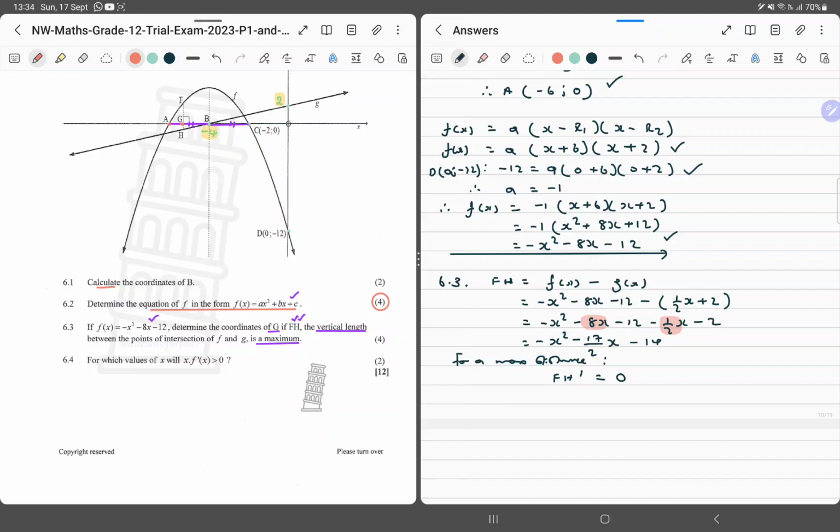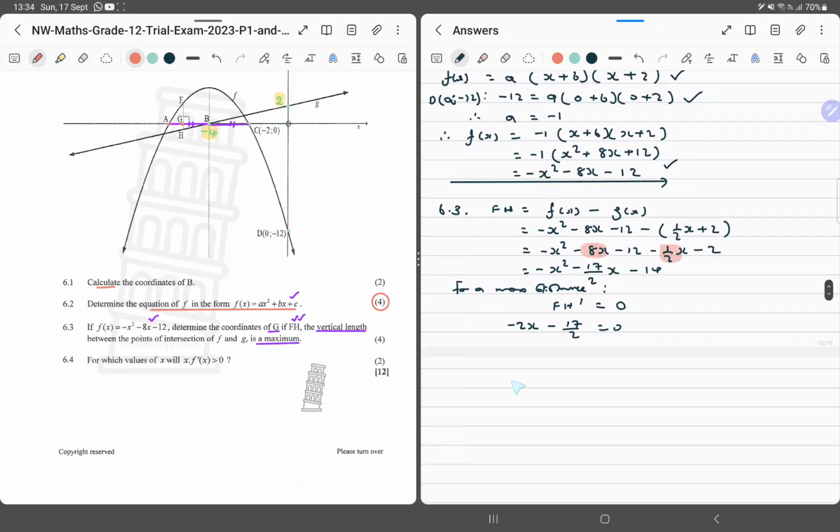Now when you do the derivative here, it's going to be minus 2x minus 17 over 2 is equal to 0, and this implies that we've got minus 2x equals 17 over 2. Therefore x, can you see we're getting the value of x there?